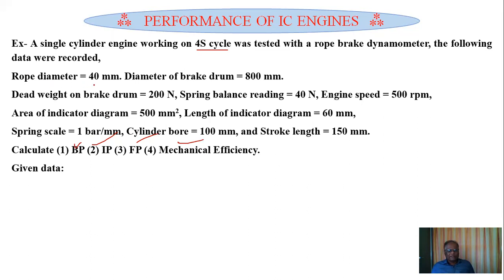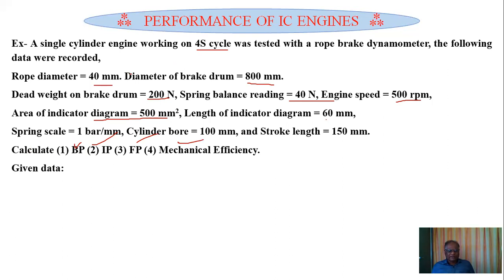Rope diameter is 40 mm, a small d. Brake drum diameter is 800 mm. Dead weight on the brake drum is 200 Newton. Spring balance reading is 40 Newton. Engine speed is 500 RPM. Area of the indicator diagram is 500 mm square. Length of the indicator diagram is 60 mm. And the spring scale is 1 bar.